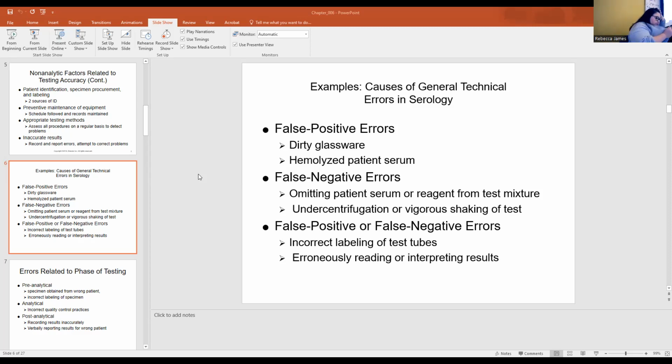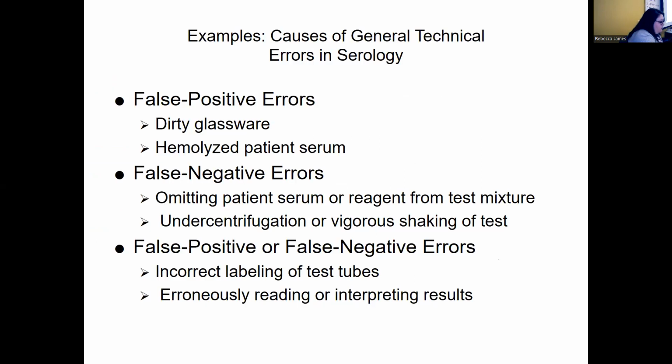So definitions. Documentation of QC includes preventative maintenance records, temperature charts, and QC charts for specific assays. What we were just looking at was a QC chart. Preventative maintenance records: any maintenance that you do is part of QC.